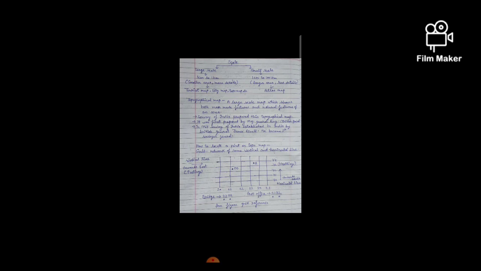So we have given the number 2172, 21 for vertical line and 72 for horizontal lines. So we have seen these points are in 4 figures, like bridge is 2373 and post office is 2172. This is called 4-figure grid reference.